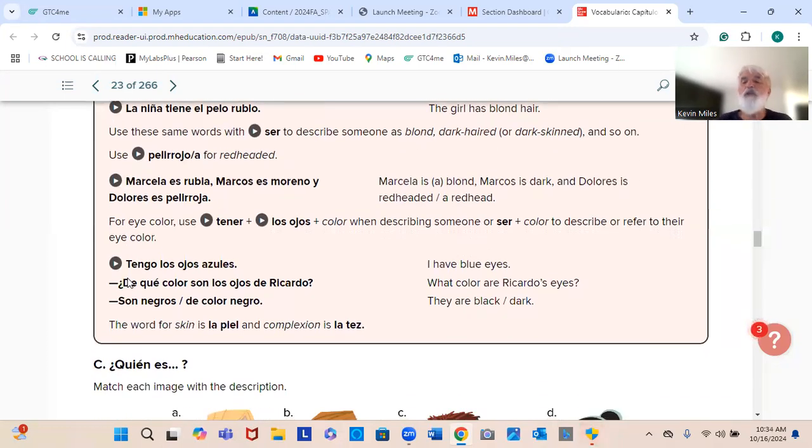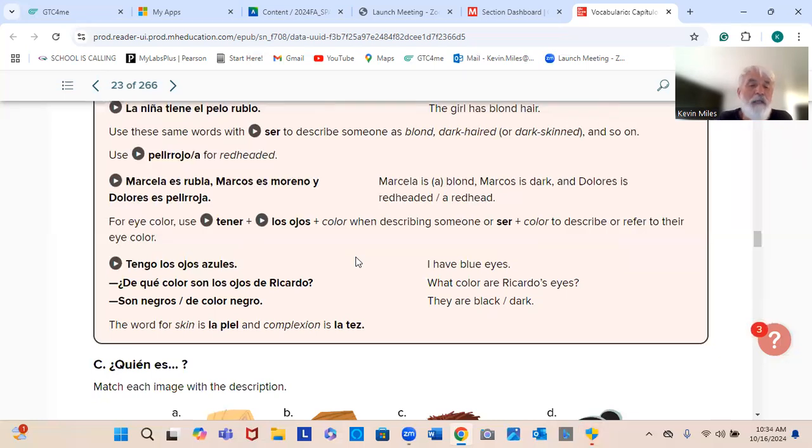What about eyes? Los ojos. The J is pronounced like an H. You use tener. I have the eyes blue. Again, so if you want to describe eyes, you can use tener plus los ojos, or you can use ser and the color like we do in English to be. Let's take a look. Tengo los ojos azules. I have blue eyes. Ella tiene los ojos verdes.